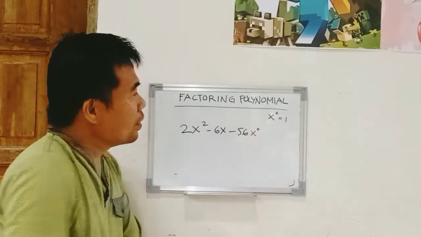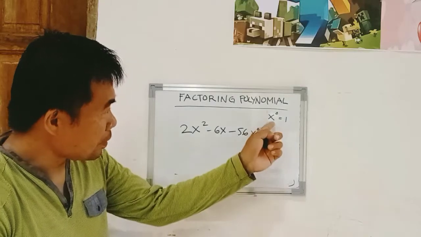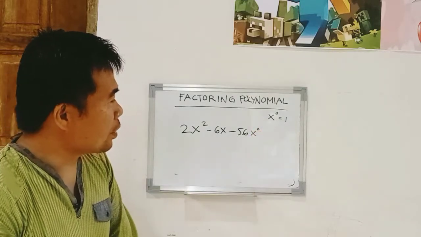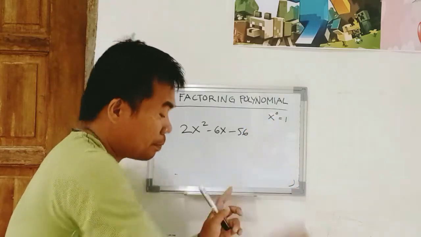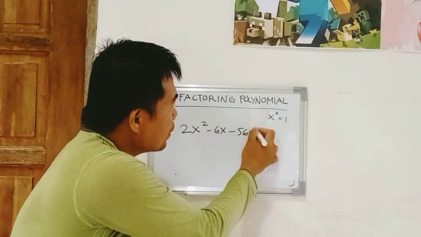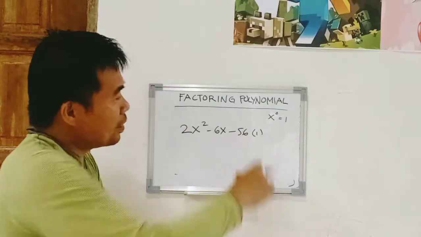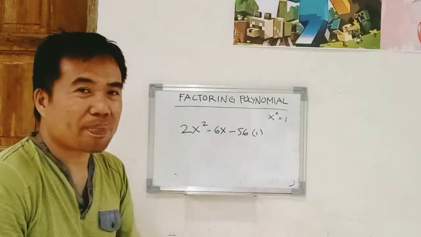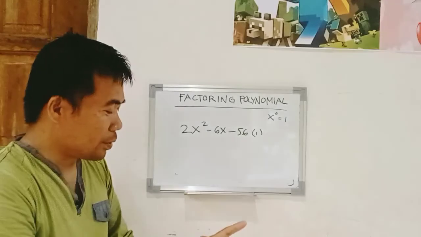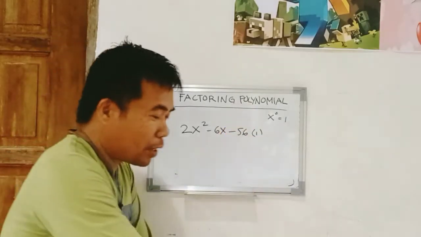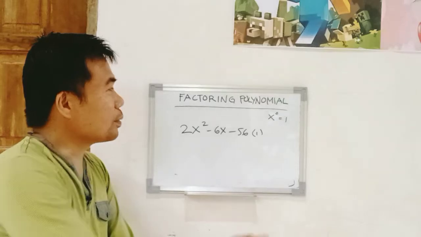So basically, x to the power of 0 is 1. So this will become 1. Since any number multiplied by 1 is the same number, the variable x raised to the power of 0 is cancelled out.